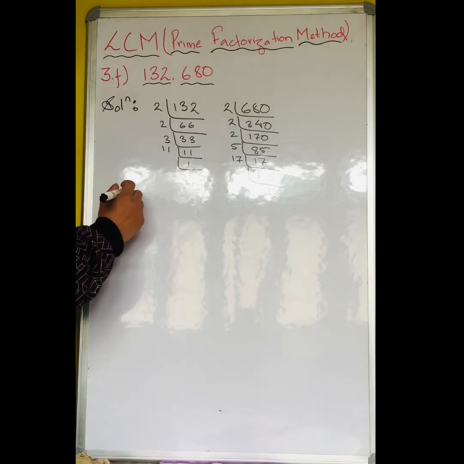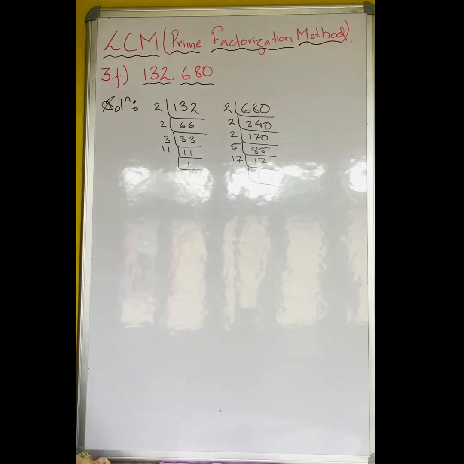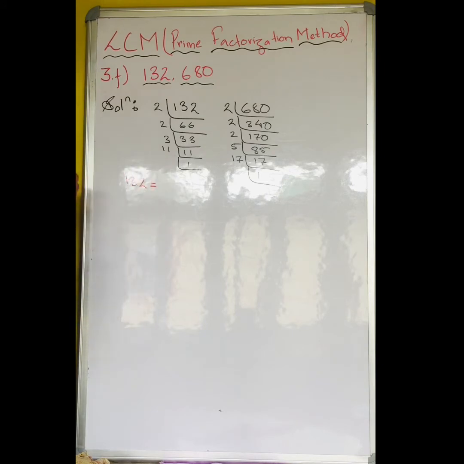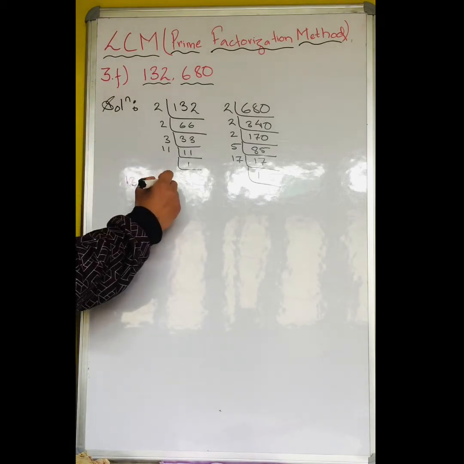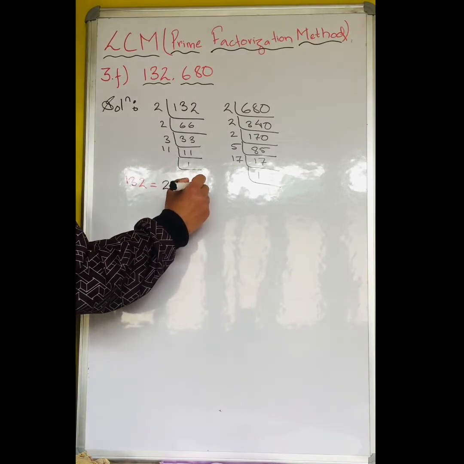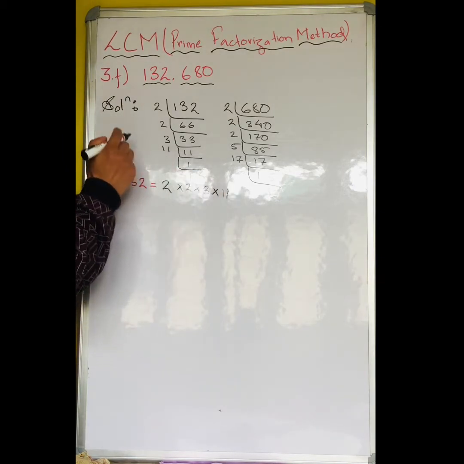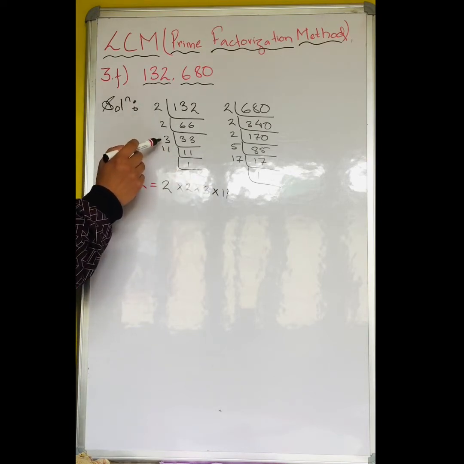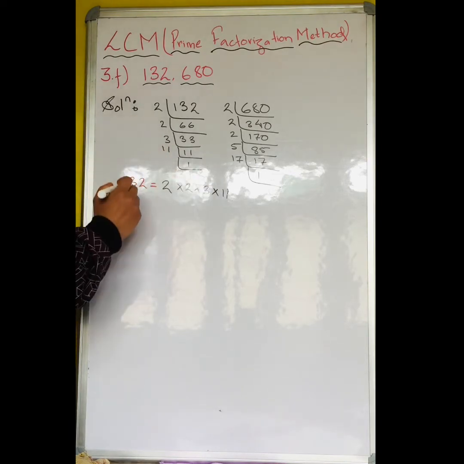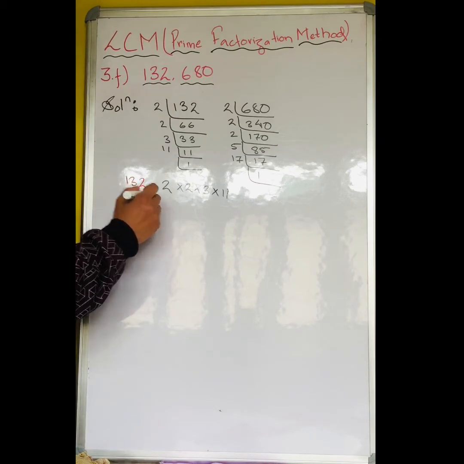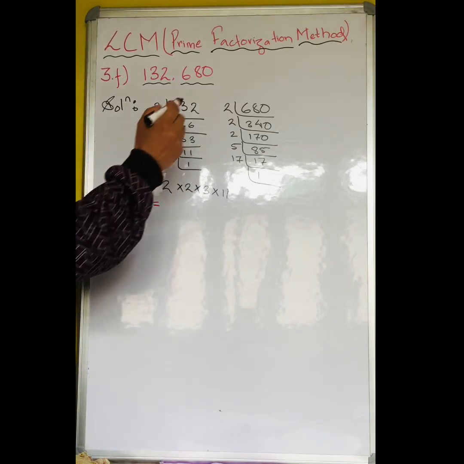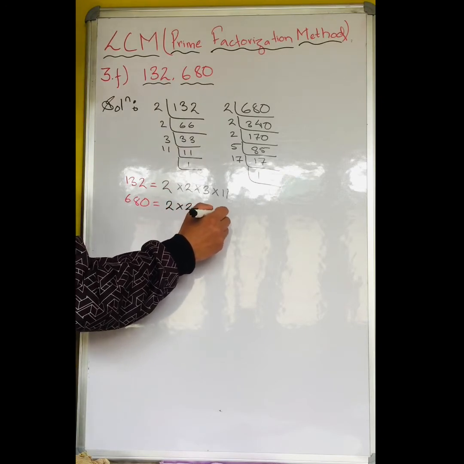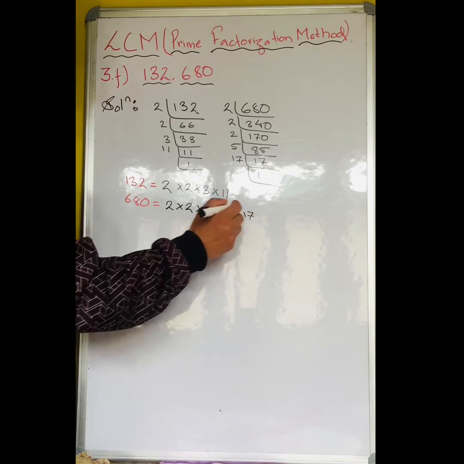Now you write the factors of 132 equals 2 into 2 into 3 into 11. Similarly for 680 equals 2 into 2 into 2 into 5 into 17.